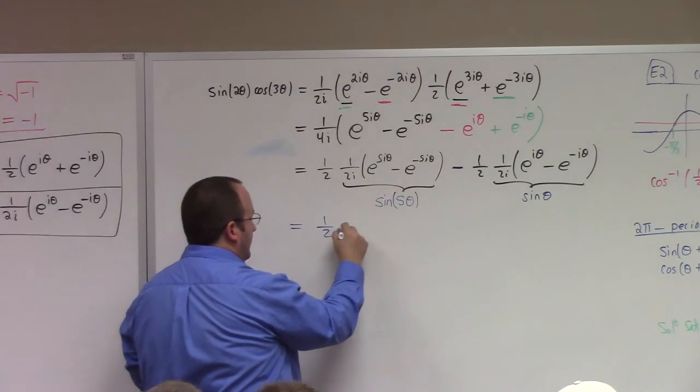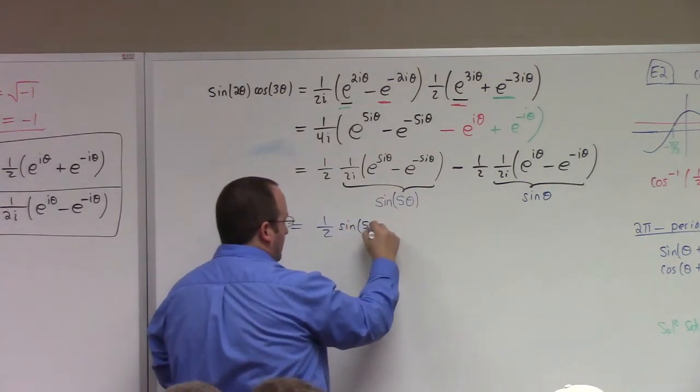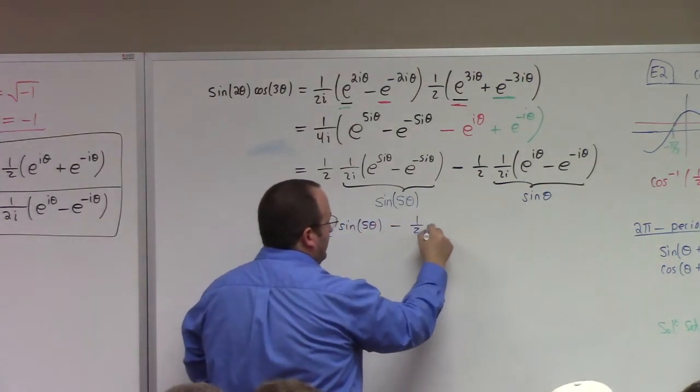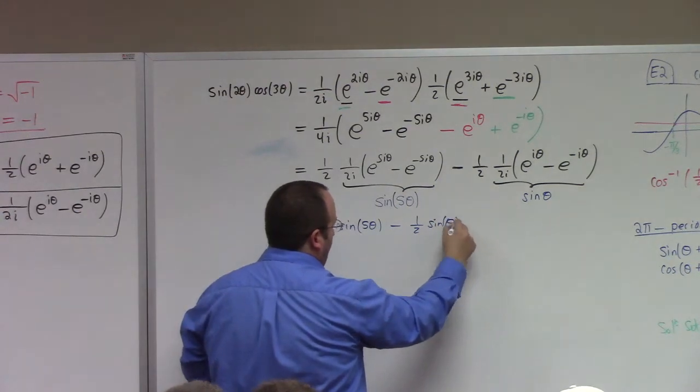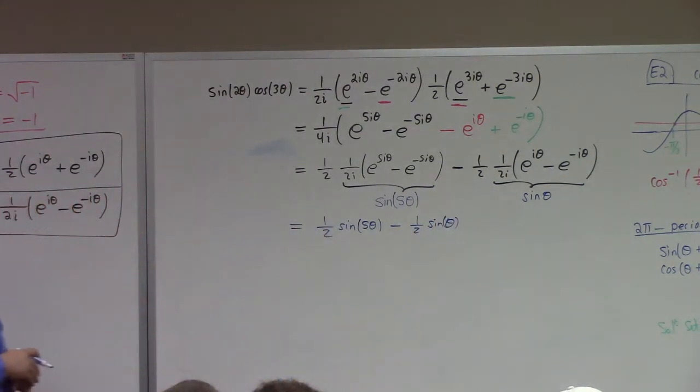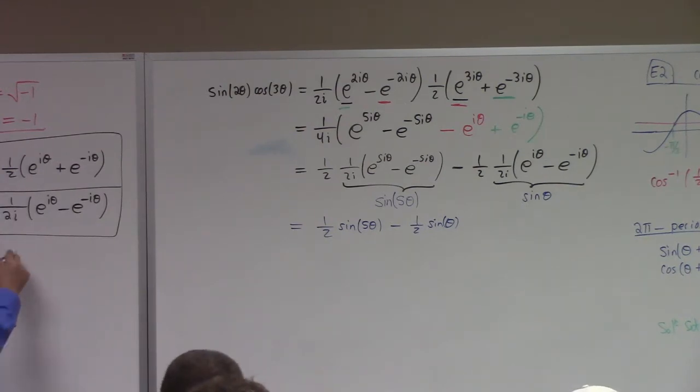That's 1/2 the sine of 5 theta minus 1/2 the sine of theta. Well, now we're off to the races, right? Because we can use this trig identity to do the integral. Because now sine 2 theta cosine 3 theta is actually 1/2 sine of 5 theta minus 1/2 sine of theta in disguise.